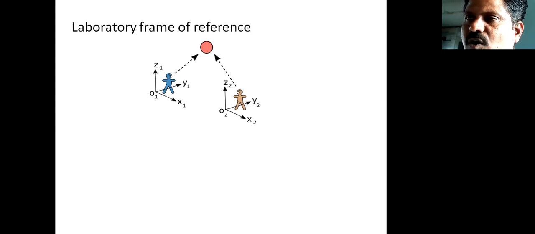You have to specify the coordinate system for the motion of these particles, and those coordinate systems will describe the nature of the particles. Such coordinate systems are called frames of reference.